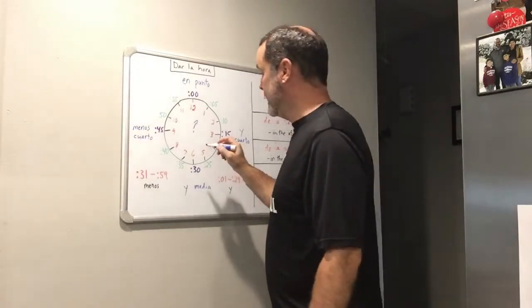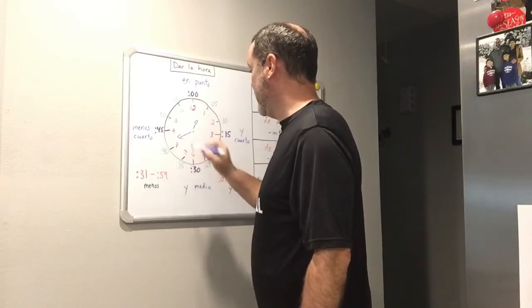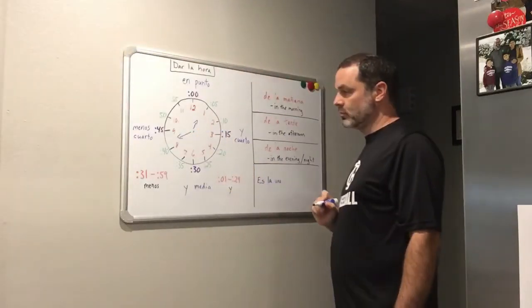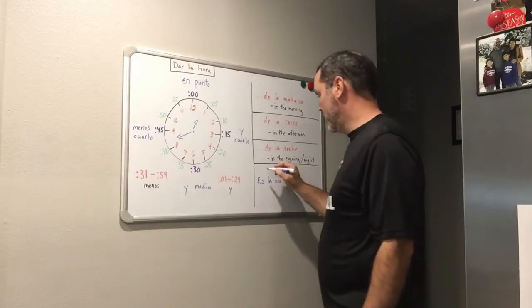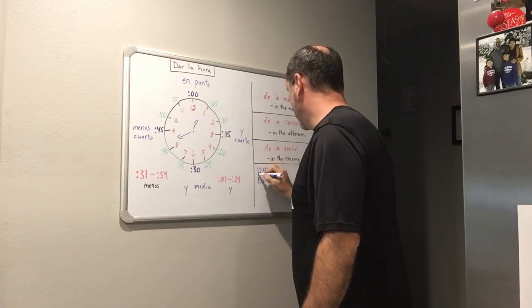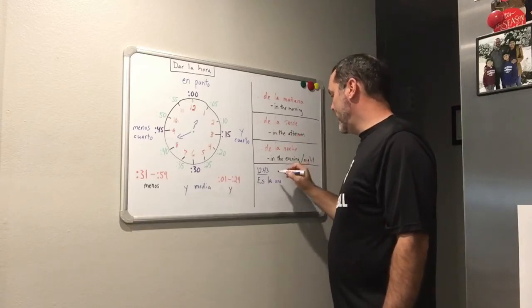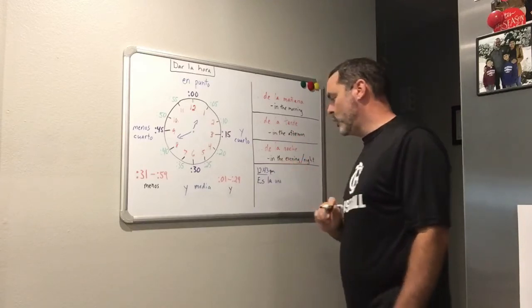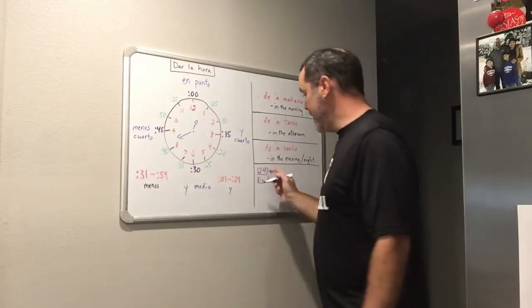And let's say it's in between the 40 and the 45. So we'll say 12:43. And we'll say this is in the afternoon too. So de la tarde, so p.m. 12:43 p.m. Okay, 43, here's my key.